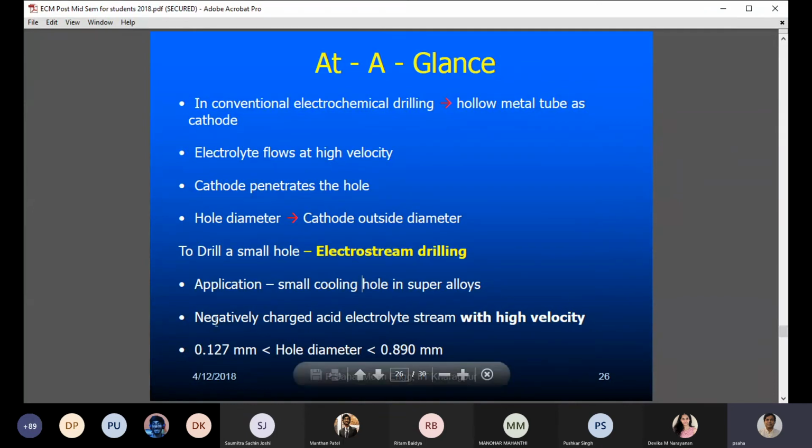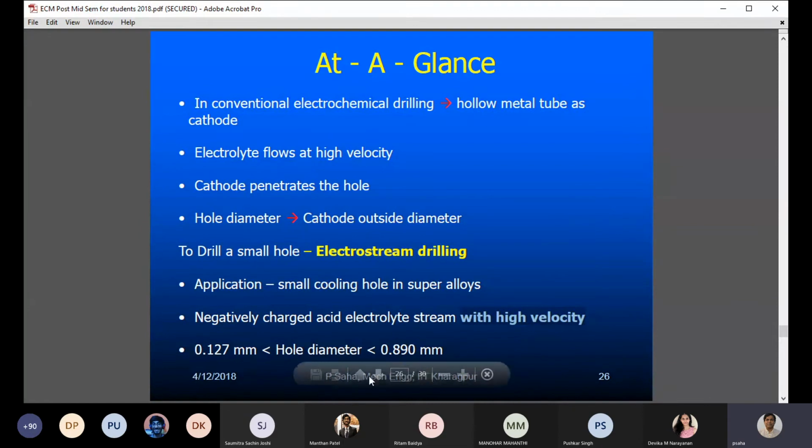In the electrostream drilling process, we are first creating a negatively charged acid electrolyte stream, and this stream impinges on the job at a small distance with a high velocity.